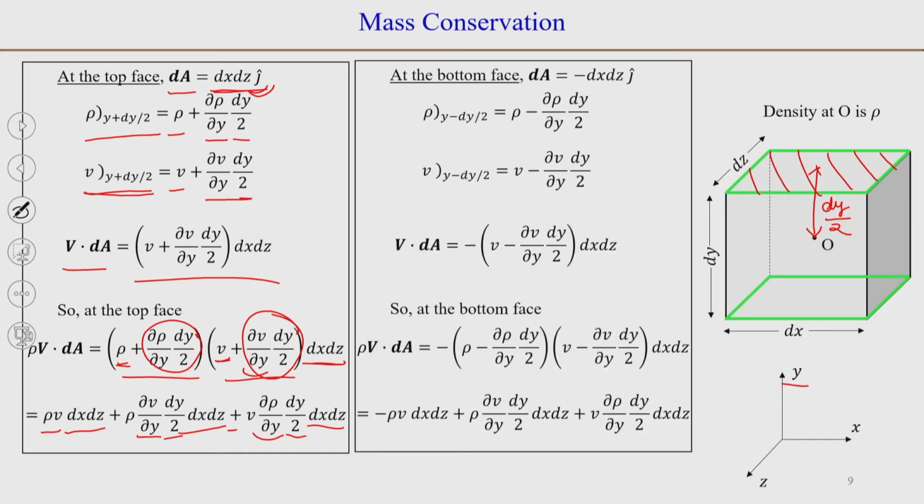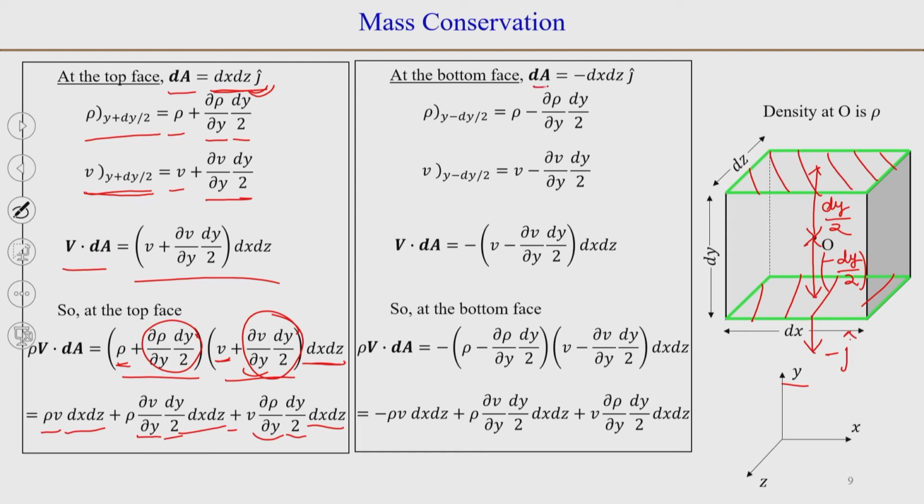Similarly, we will write the terms for the bottom face, which is this one, and the normal vector will be pointing out in the minus j direction, or the unit vector normal to it will be minus j, and this bottom face will be at a distance minus dy by 2 from point O. So, we can write the rho, v and dA individually.